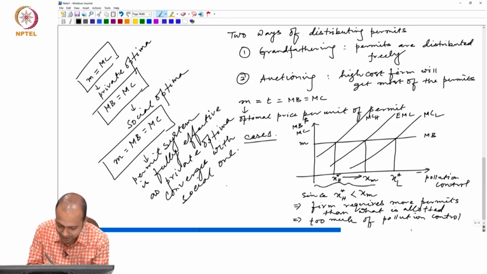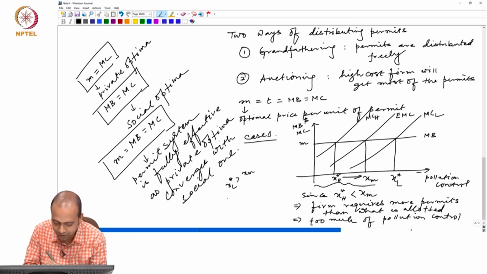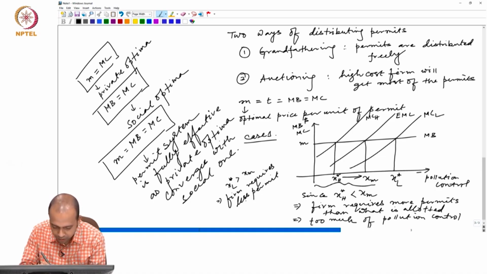Since XL star is greater than XM, it implies the firm requires less permit than allotted.